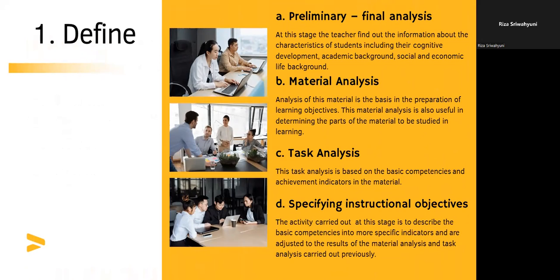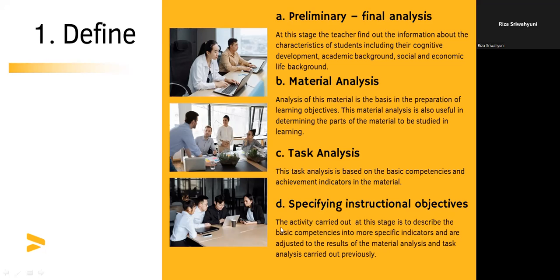So, in the second, material analysis, this material is the basis in the preparation of learning objectives. This material analysis is also useful in determining the part of the material to be studied in learning. And the third, task analysis. This task analysis is based on the basic competencies and achievement indicators in the material.